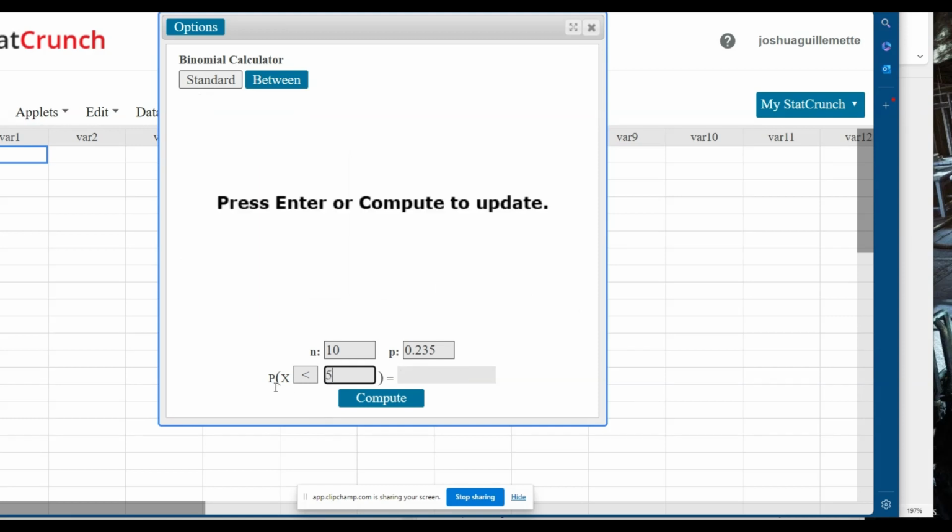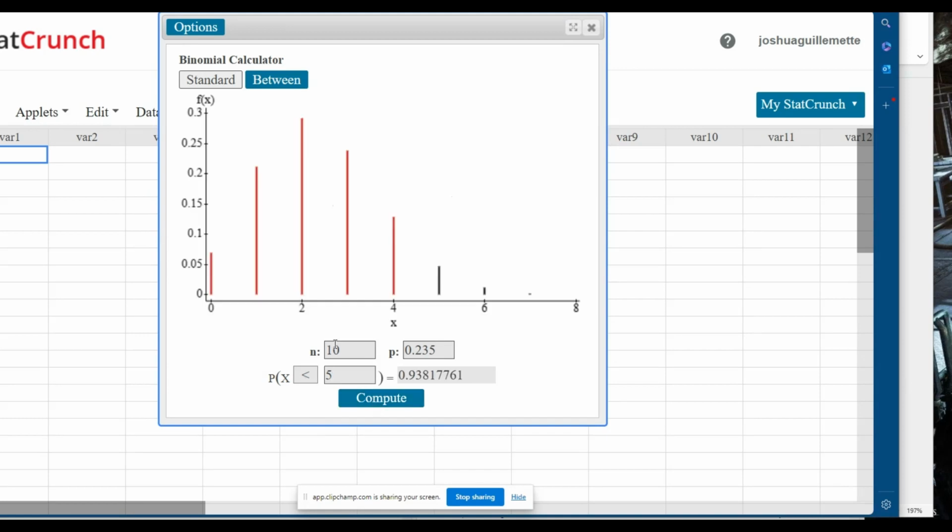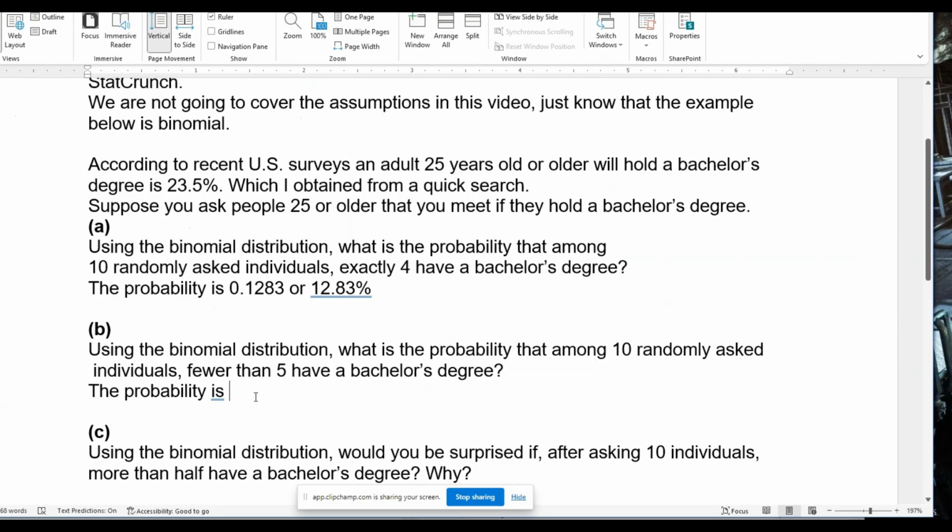So the probability that the number of people with a bachelor's degree is less than 5 is, now if you look, that means 0 people, 1, 2, 3, 4 people. And so I have this number right here. So it's almost 94%. There's a 94% chance that 0 to 4 people out of the group of 10 have a bachelor's degree. So that's a pretty high number, right? So let's go ahead and paste that in.